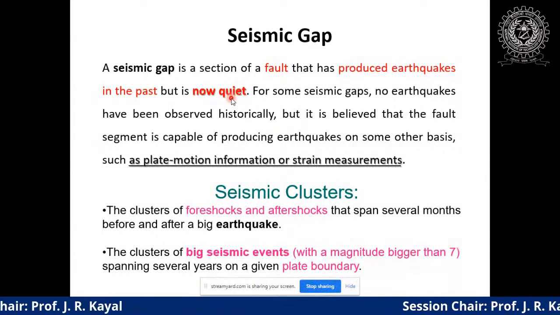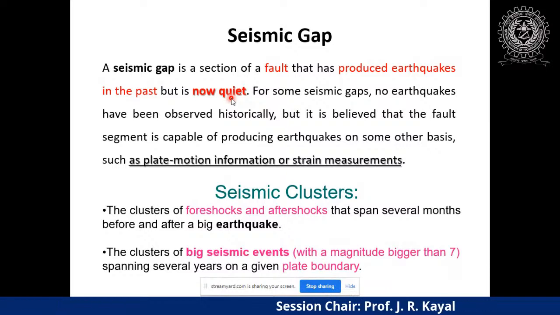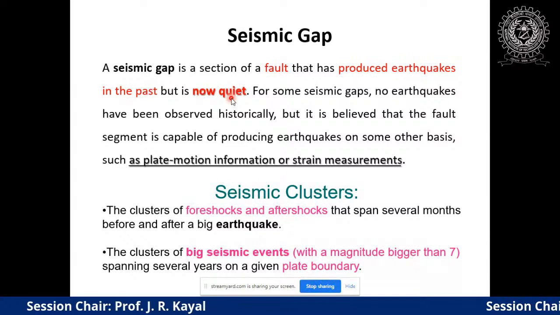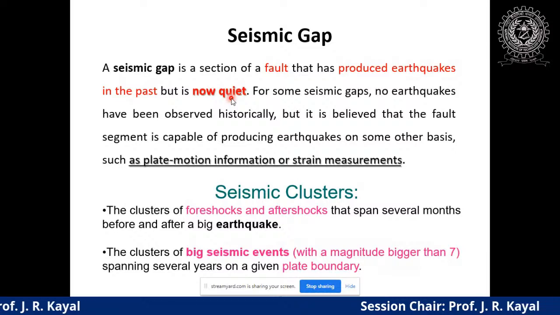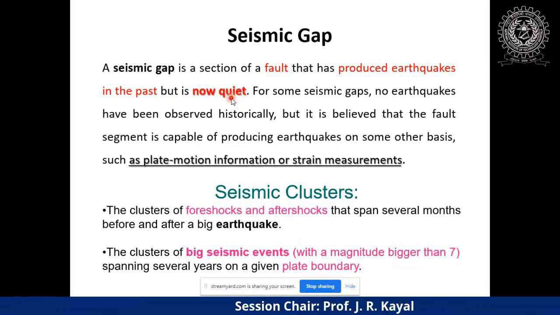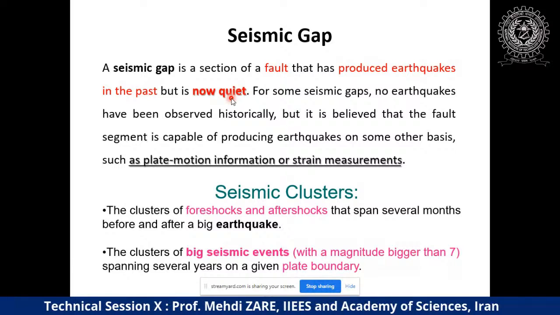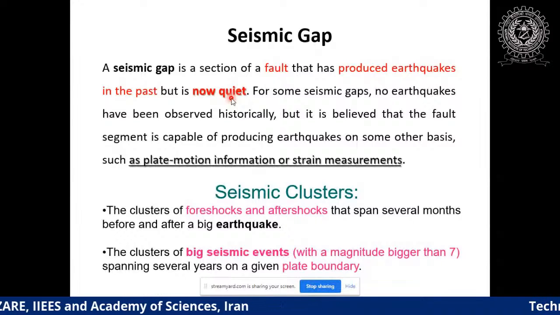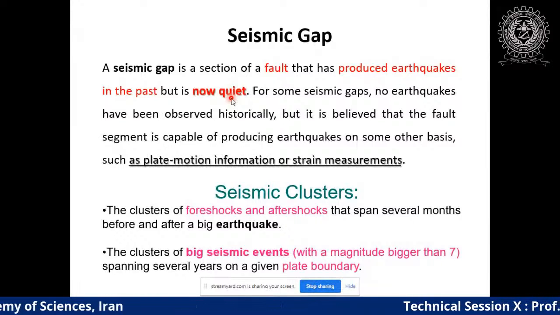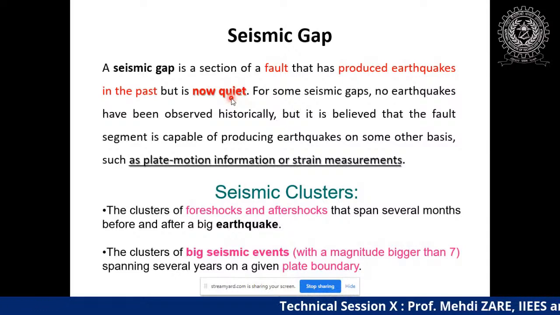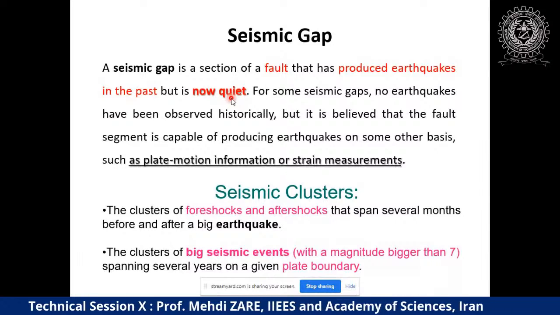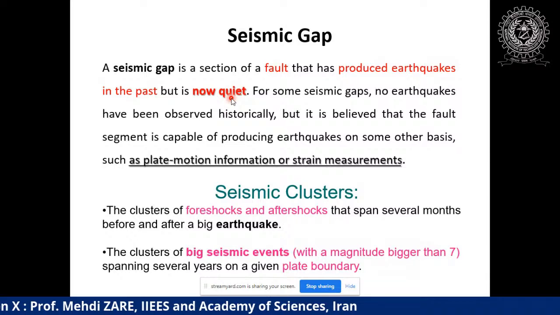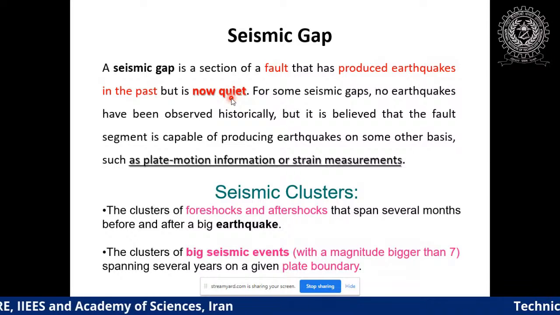In some seismic gaps there are no historical events, but it is believed, due to geological evidence on the fault, that this fault segment is capable of producing an earthquake, or there is a major strain in the earth's crust and plate motion, which shows that a major earthquake is possible. And what is a cluster?